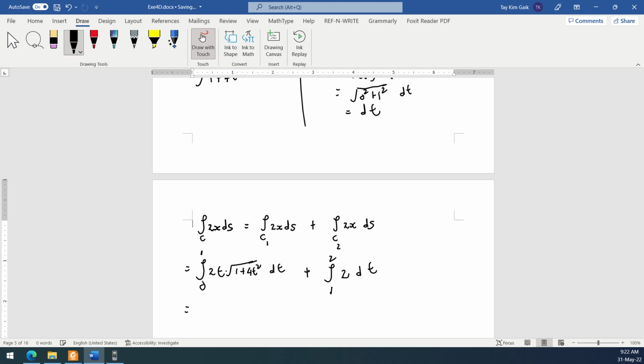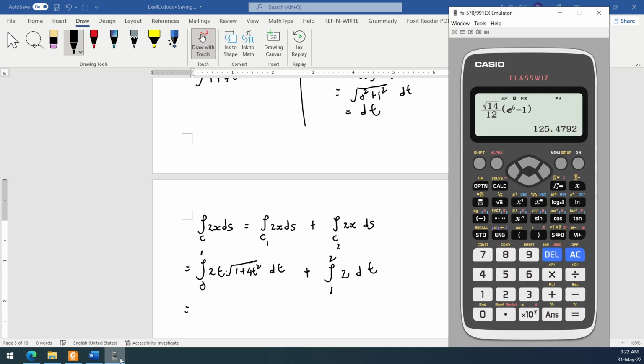You may do everything using the scientific calculator. Evaluate the first curve first. The first integral is 2t, changed to x, times the square root of 1 plus 4t squared, from 0 to 1.